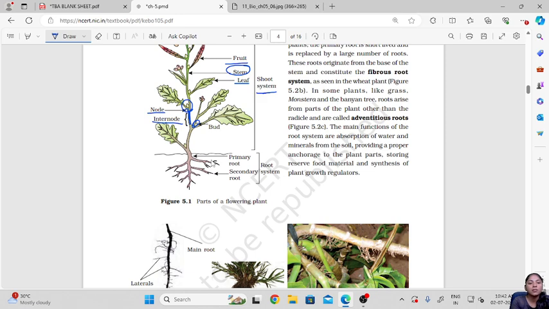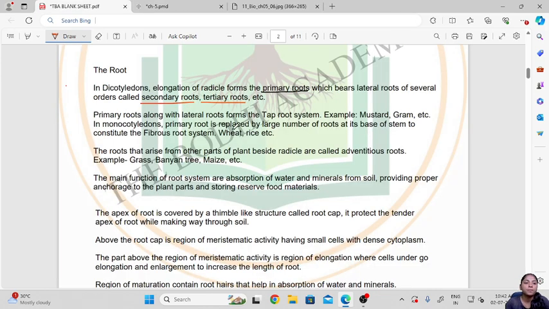So this is our primary root, the main one, and then these are the secondary roots and the tertiary roots, okay, which arise from the primary root. Then primary roots along with the lateral roots form the taproot system. Examples of some plants having this taproot system are mustard, gram, etc.